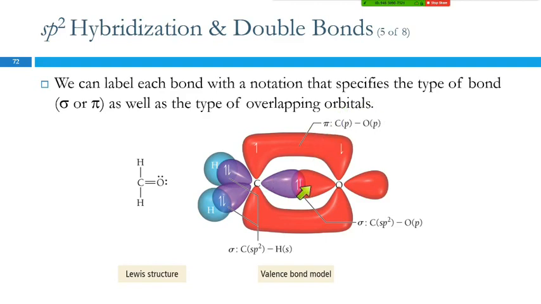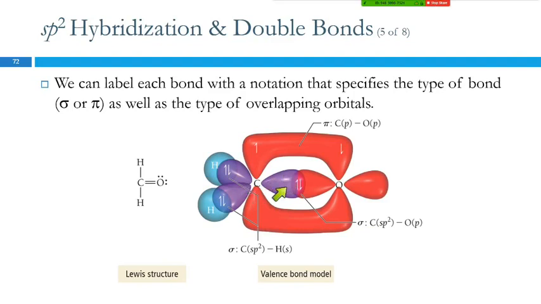This bond in the middle here is a sigma bond, end-to-end overlapping, like this. So that's called sigma with a colon, and then we're specifying the two elements, carbon and oxygen, and then we're indicating what kind of orbitals are involved.